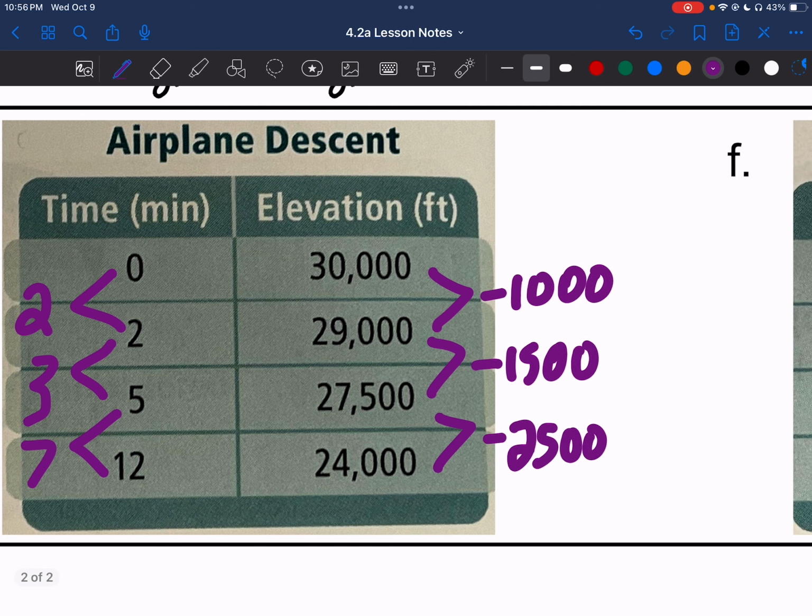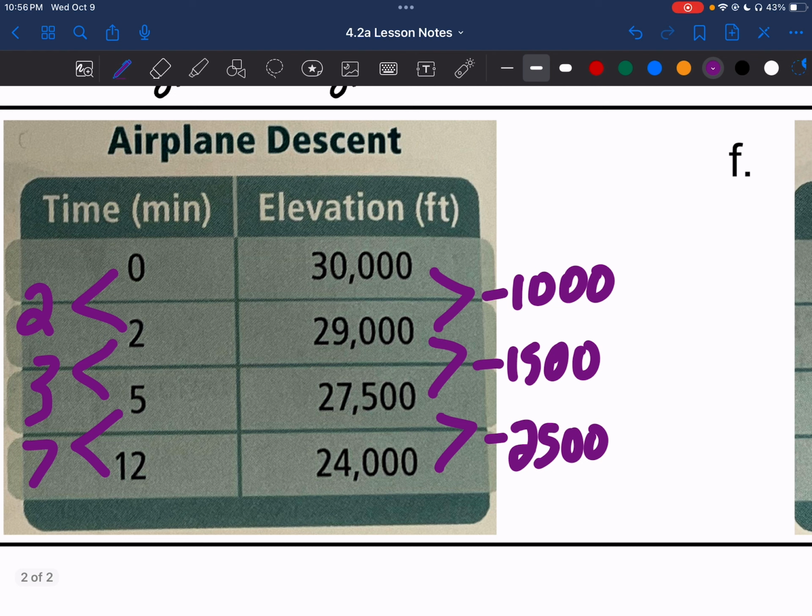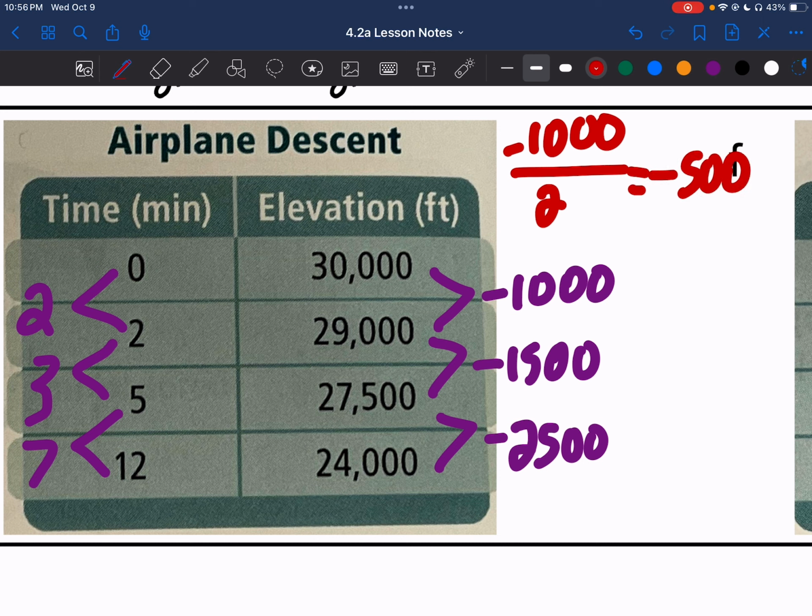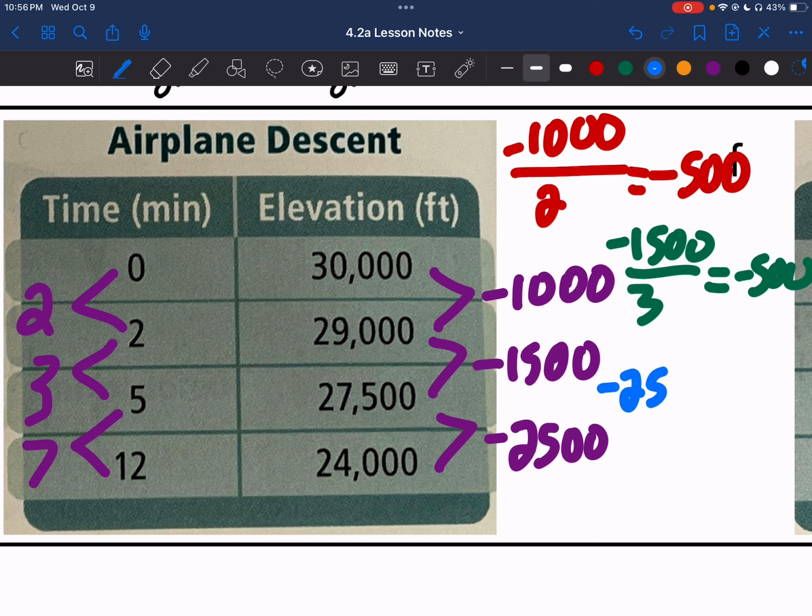So now, if we go ahead and do the math on this, my first row is negative 1,000 over 2, which is negative 500. My second row is negative 1,500 over 3, which is still negative 500. And my third row, negative 2,500 over 7, negative 3,500, not 2,500.